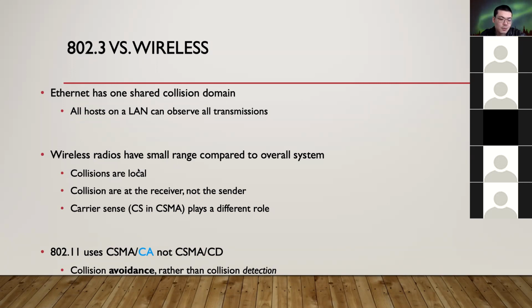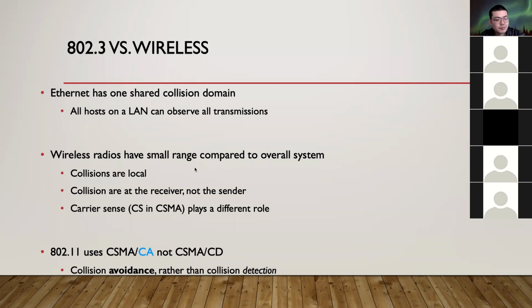The signal will be weakened every time it propagates further, because it's 3D space and it becomes weaker in all directions. So they all have very small ranges compared to the overall system. This will add a lot of complications to our problem, and we will discuss what the complications are.